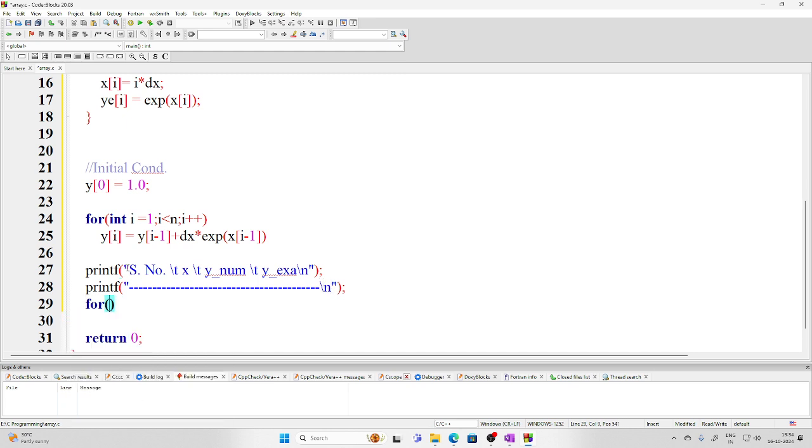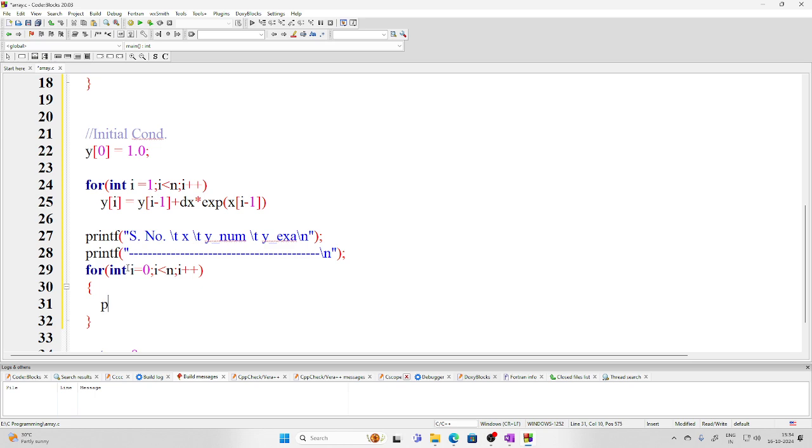Then make one line so that the program can look better, and then for int i = 0, i < n, i++, what you have to do is printf. First the serial number will come, so it is %d, then give a tab. Then x will come, so it is %f. Now let's restrict ourselves to 2 places of decimal, and then again give a tab.